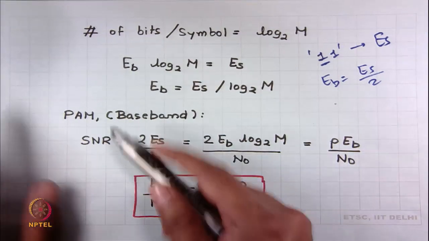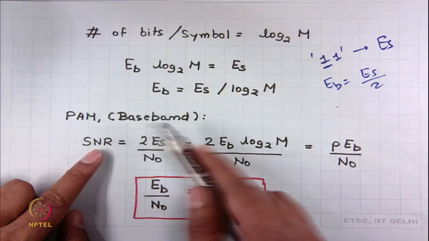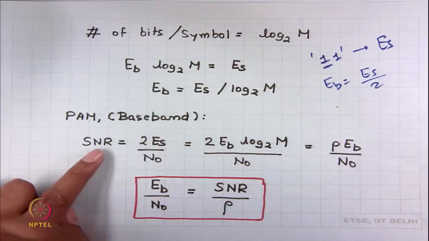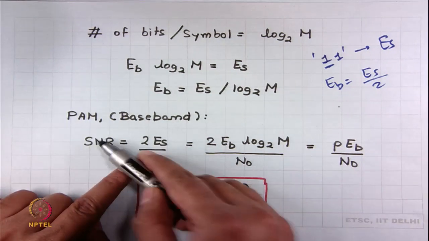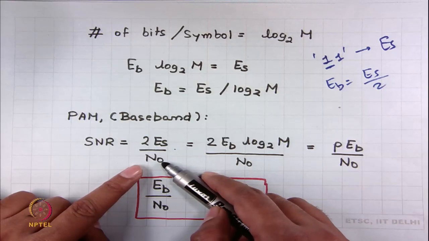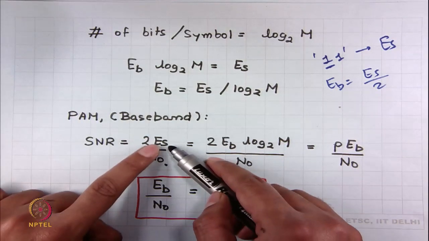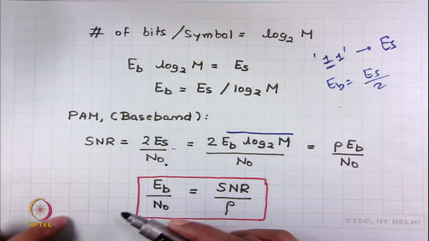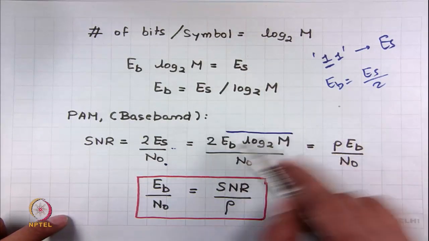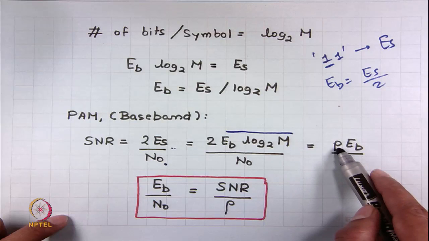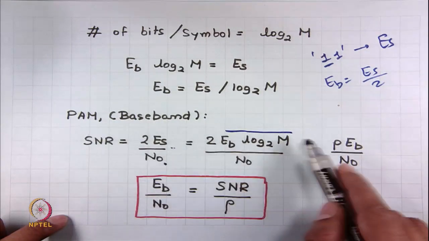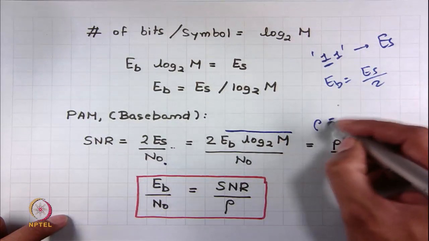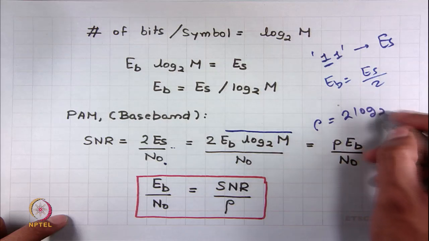Let us look at this signal to noise ratio for passband PAM again. We have obtained signal to noise ratio as 2 Es by N naught. Es is Eb times log to m, and we have already seen that the spectral efficiency of passband PAM, rho, is 2 log to m.